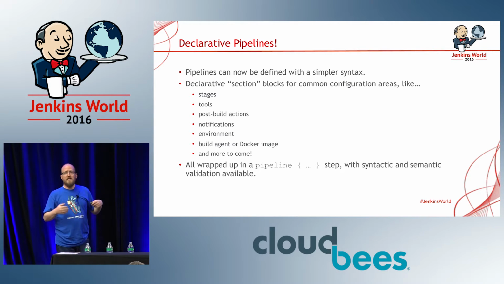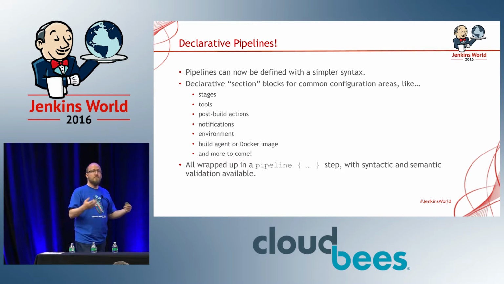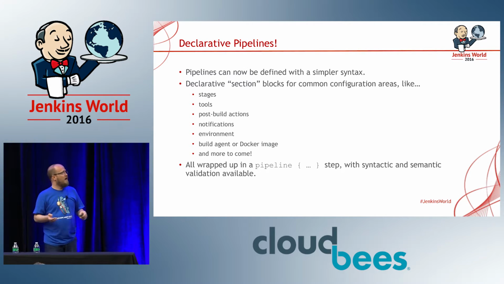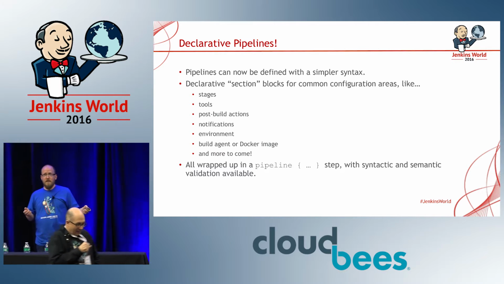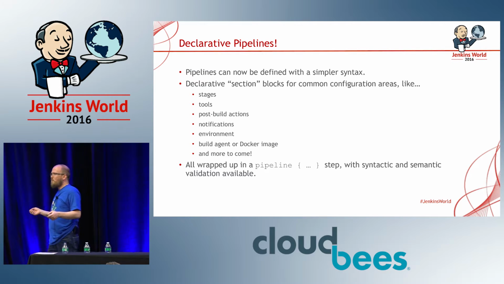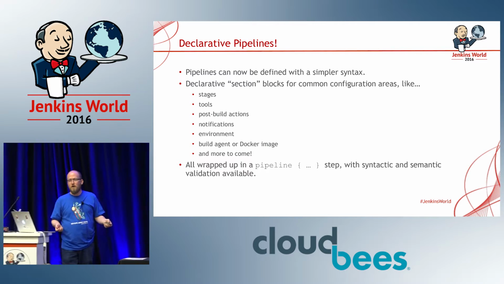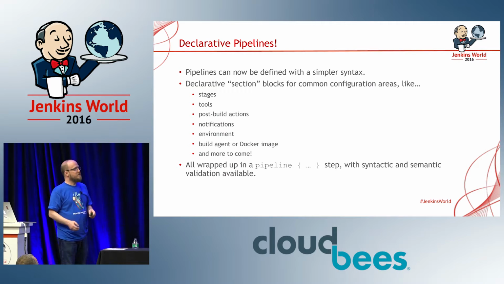For example, currently, your stages, tools that need to be installed, post-build actions and notifications, your environment, because we all end up needing to set environment variables sometimes, and the build agent or Docker image that you use for running your build. And there's more of these to come.